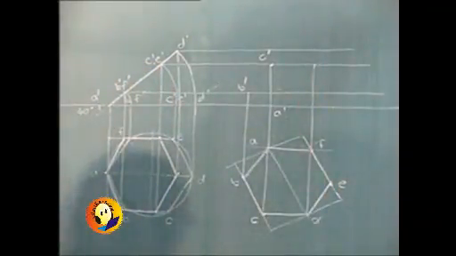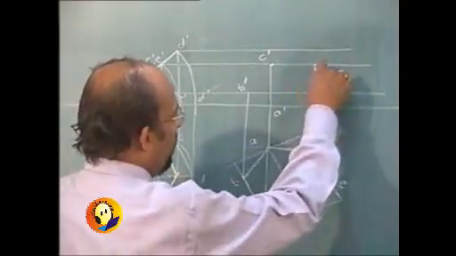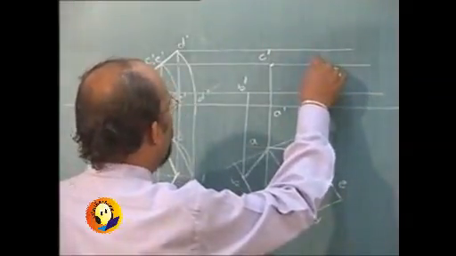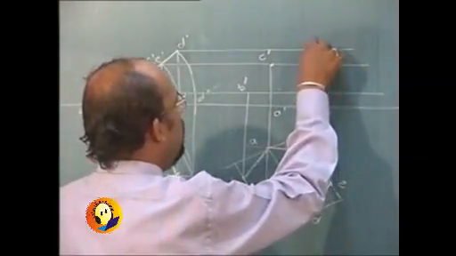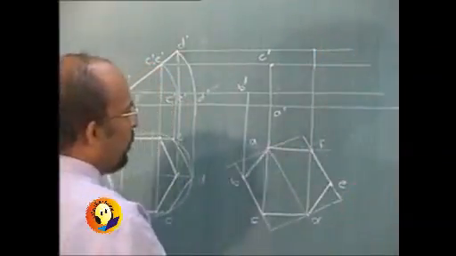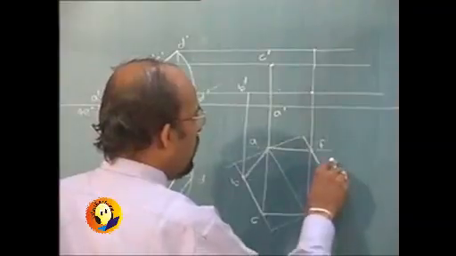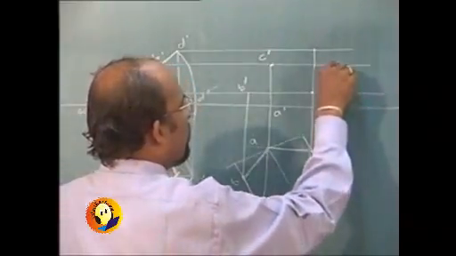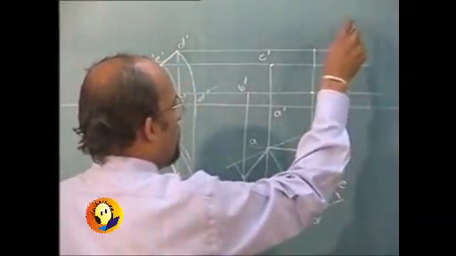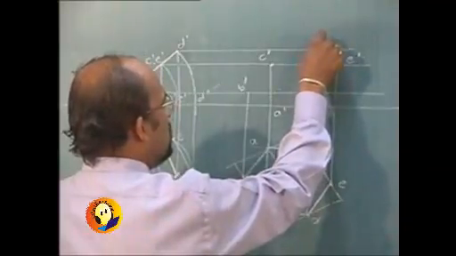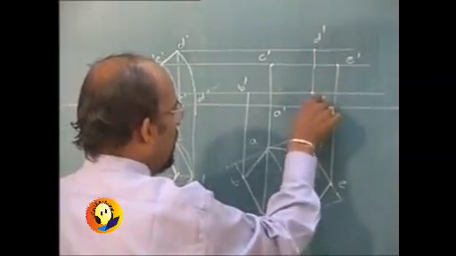So we get point D here and point F is over here, whereas point E. So this is C dash, D dash, E dash and F dash.